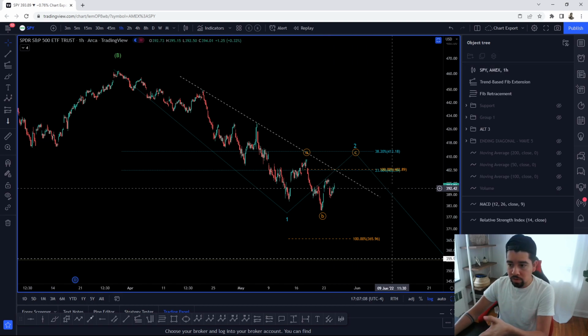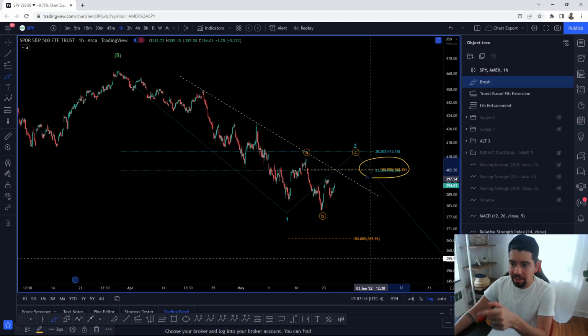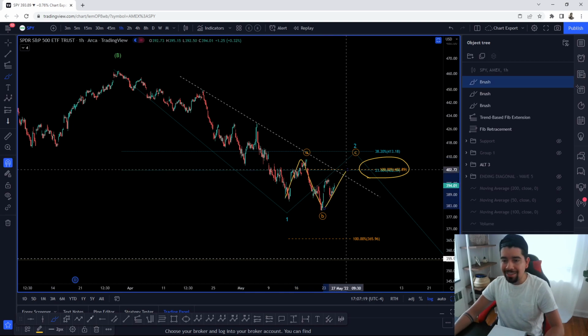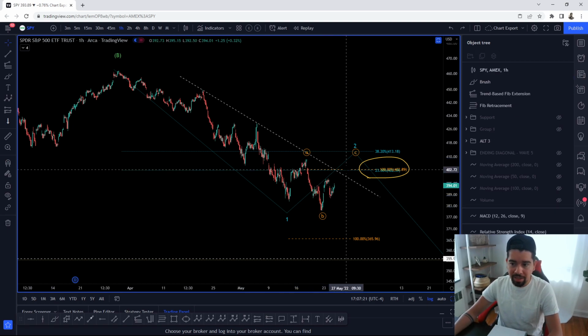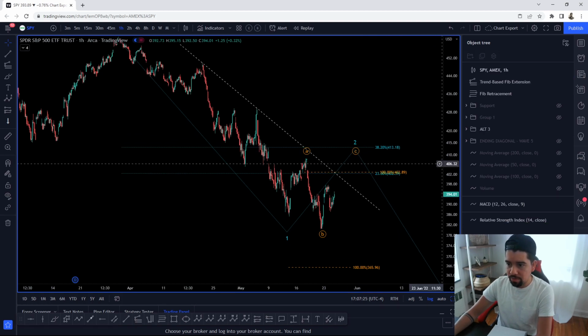For now, we're going to assume that this zone, the 23.6 and the 100% extension of wave A and B to give us wave C, is going to be our next upside target, our next resistance zone. Bear with me here for a second.